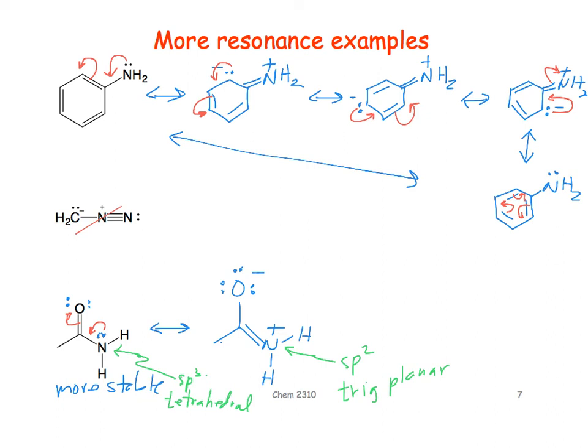It can only have resonance if there's a p orbital. So this functional group is called an amide. And in fact, what happens is that nitrogen rehybridizes to sp2, and then there can be resonance.